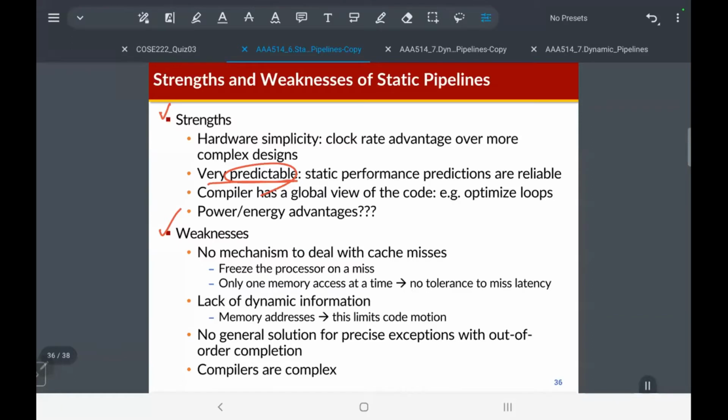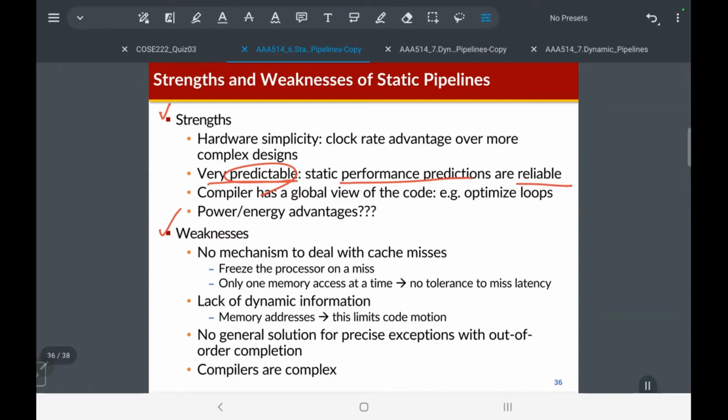The performance predictions are reliable, because we can easily estimate the instruction orders and the performance bottlenecks in this static pipeline architecture.